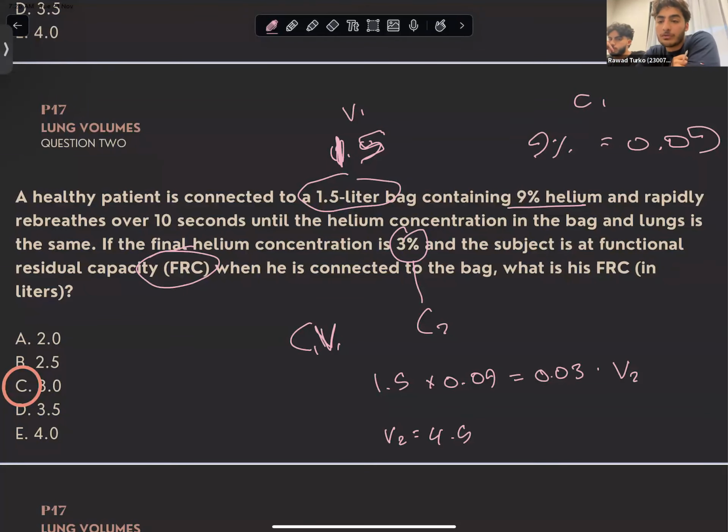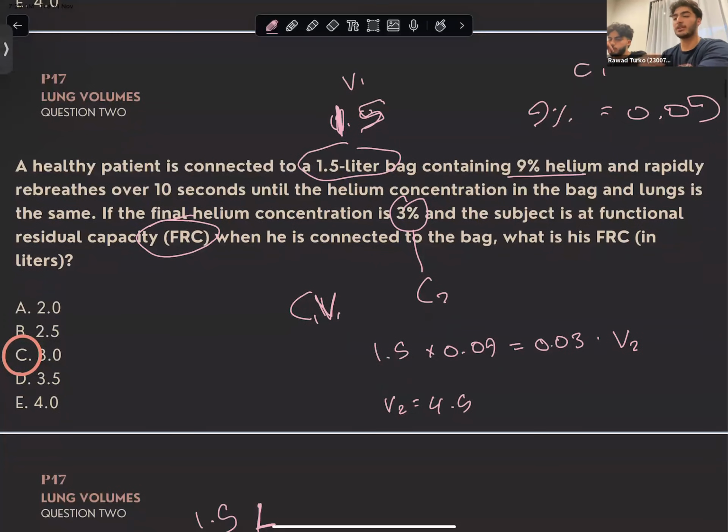Can't we just do volume times C1 minus C2 over C2? Yes, you can. But again, I was just trying to explain the whole thing. You can derive this formula as much as you guys want. You can play around with this formula, rearrange everything, do whatever you want. I'm just trying to get you to understand the concept instead of memorize it.